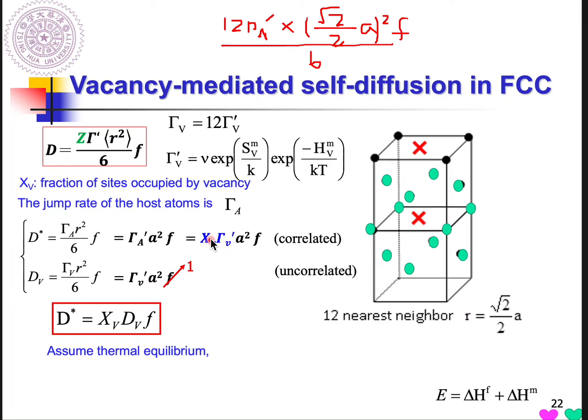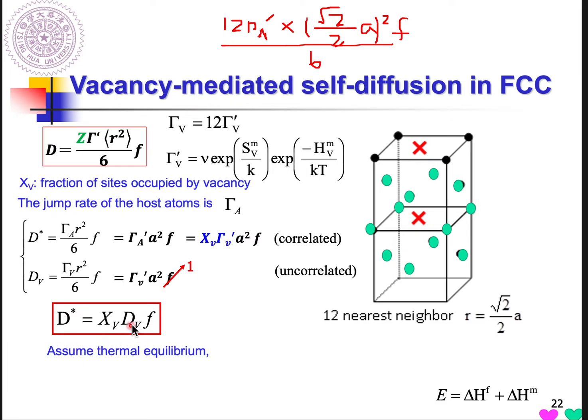Here you know the relationship between the self-diffusivity of the atom and the diffusivity of vacancy: this is dV, so XV dV F. The self-diffusivity of the atom equals the atomic fraction of vacancy times the diffusivity of the vacancy times F.